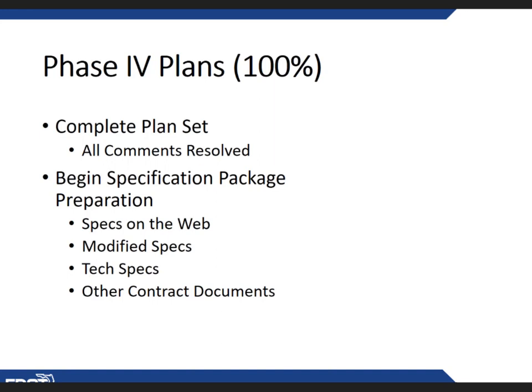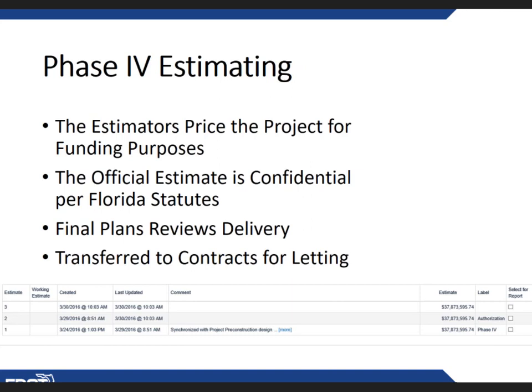Again, there's a lot of things going on behind the scenes at Phase 4 plans, which is that 100%, because we have that Phase 4 estimating process as well. We have our specifications package. We have our complete plan set. The estimators are developing 2 estimates. They're developing an authorization estimate and the official estimate.